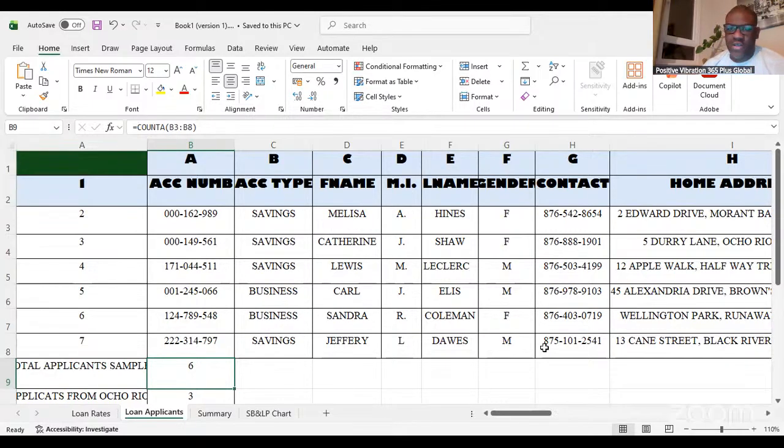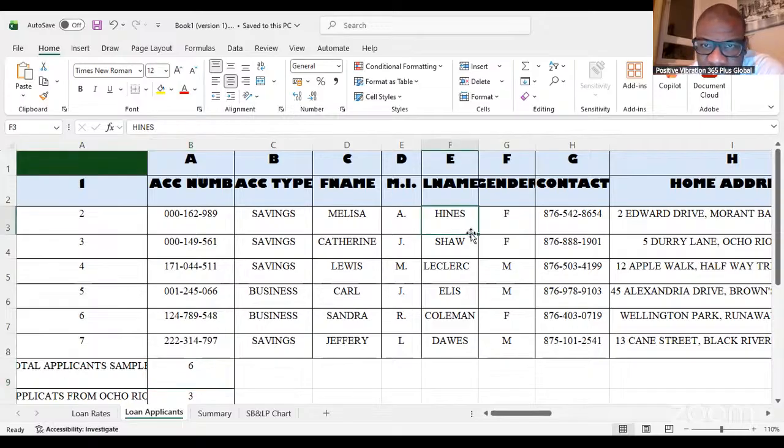Let's look at what else we'll be checking for. They say that your gross annual income should be between 1.25 and 3.